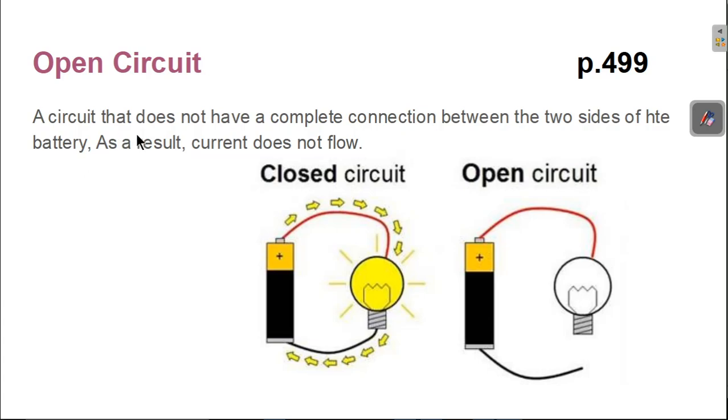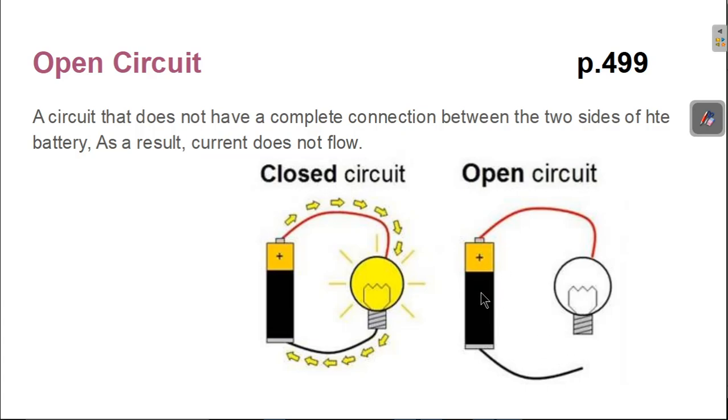So you need to know the definition for the open circuit. It says a circuit that does not have a complete connection. It does not have a complete connection between the two sides of the battery, and then the flow does not work. There's no flow here. It stops right here.